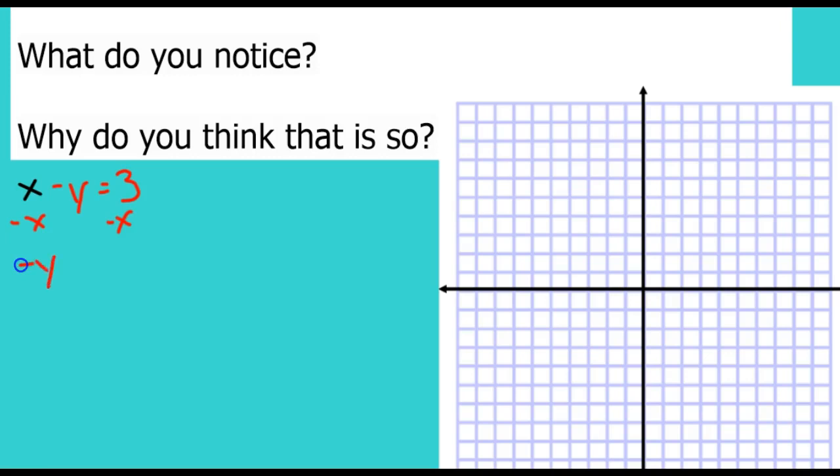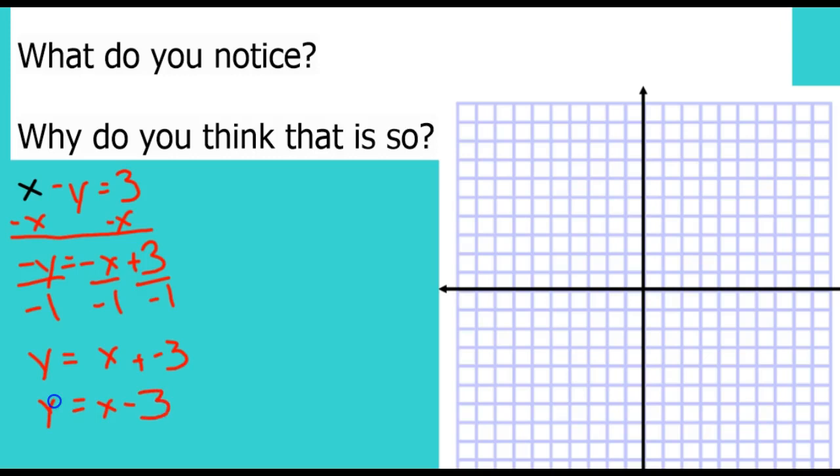We get negative y equals negative x plus 3. Divide everything by negative 1. We get y equals x plus negative 3, or y equals x minus 3.